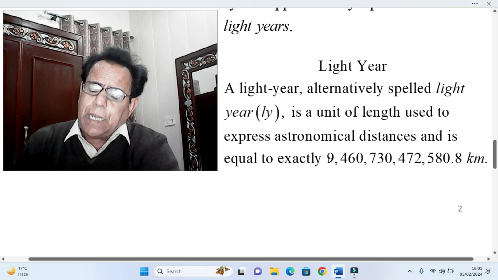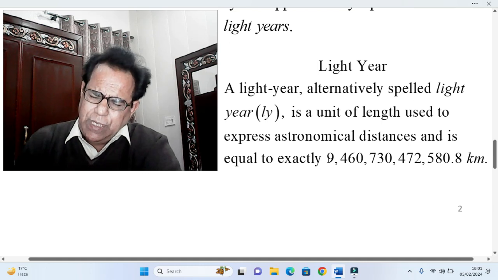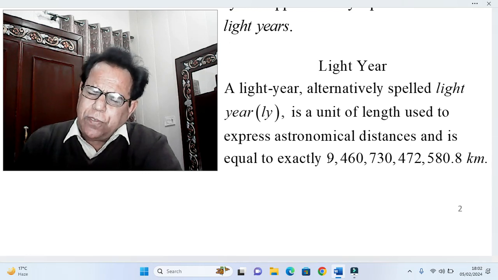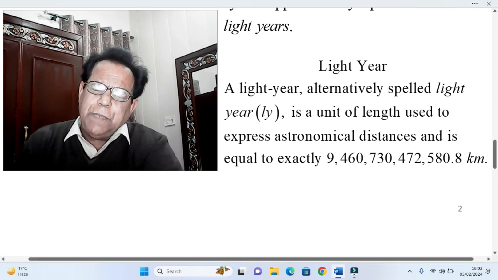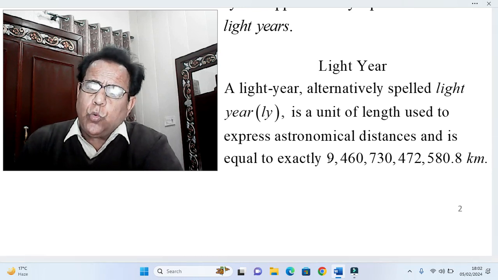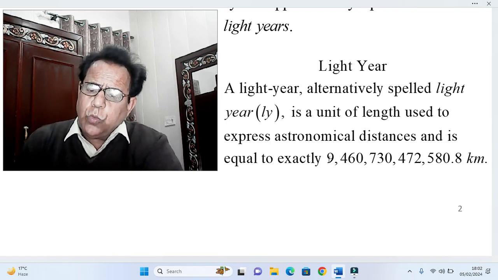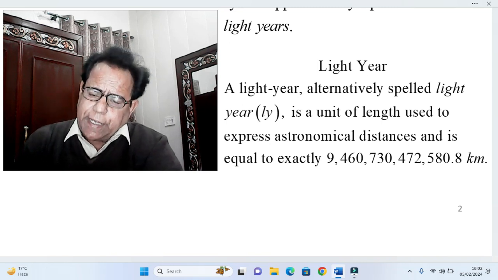This number comes from 365.25, or approximately, suppose we do not consider a leap year, then 365 into 24 into 60 into 60 into 3.0 into 10 raised to the power 8.